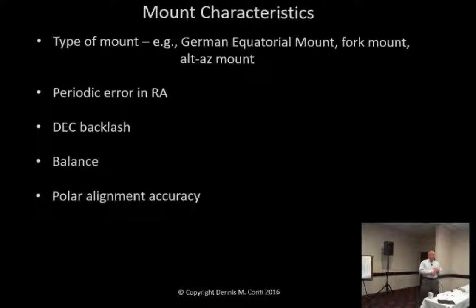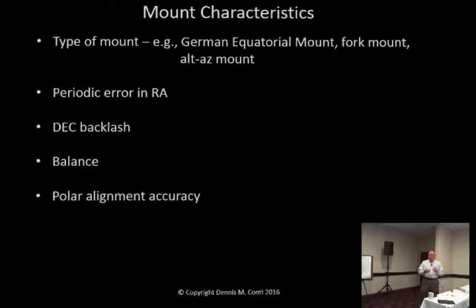So when I do auto guiding with my active optics, I can get down to 1 pixel or less of movement. So understanding the periodic error of your mount and compensating for it is always a good thing. Most mounts now can also do periodic error correction, where you record a history of what that error is, and then internally in the mount there are ways of compensating for it. So reducing periodic error is a good thing.